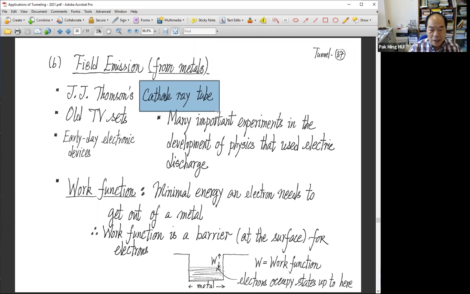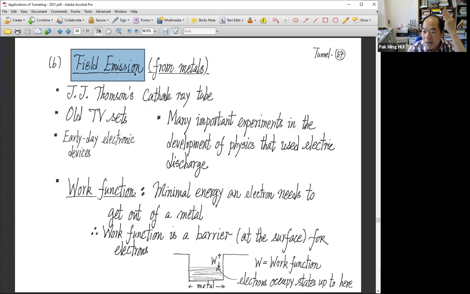So what is the idea behind it? It's called field emission. You apply a field, and electrons can come out from a metal, okay? In a metal, you can think of the electrons as trapped inside, that's why they are not coming out. The work function is the minimum energy for them to come out, so there's a barrier of the work function, okay? You can think of this as a potential energy trapping the electrons inside the metal.